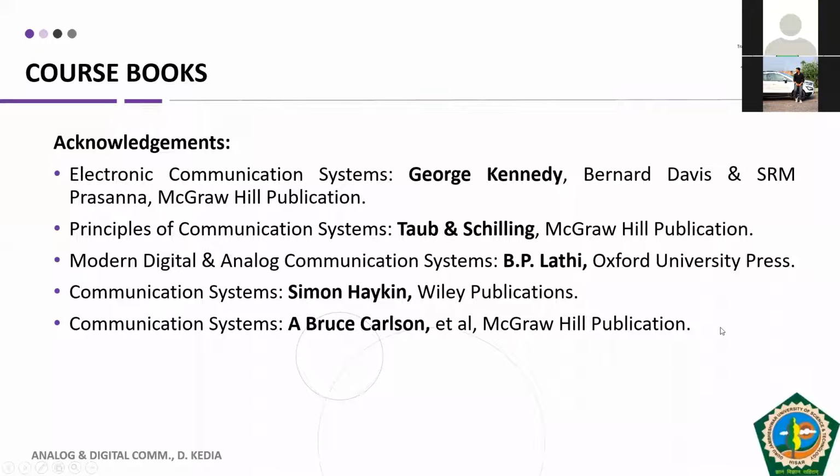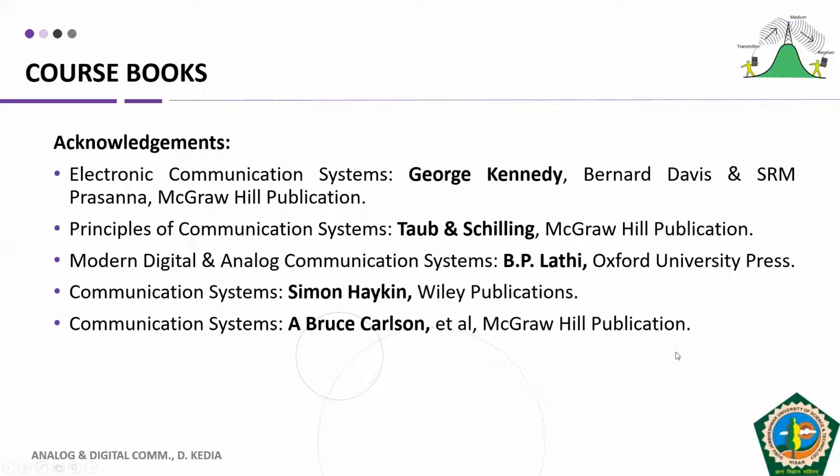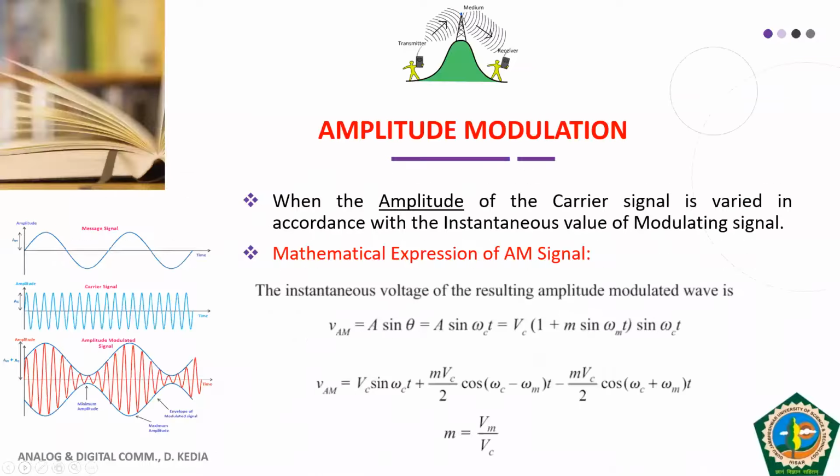These are the books that we have already talked about. In this slide, I'm briefly touching upon what we discussed with regard to the expression of amplitude modulation. I told you in the previous class that in amplitude modulation, the amplitude of the carrier is varied in accordance with the instantaneous value of the modulating signal.